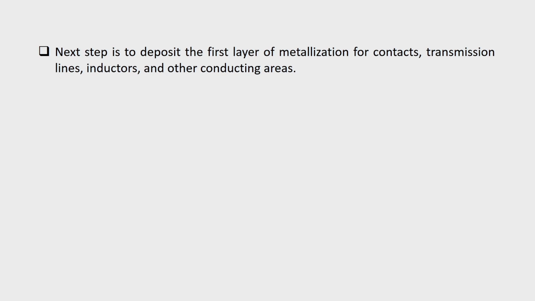So, contacts to the active elements, transmission line components connecting different parts or different components, these are done in the first layer of metallization.